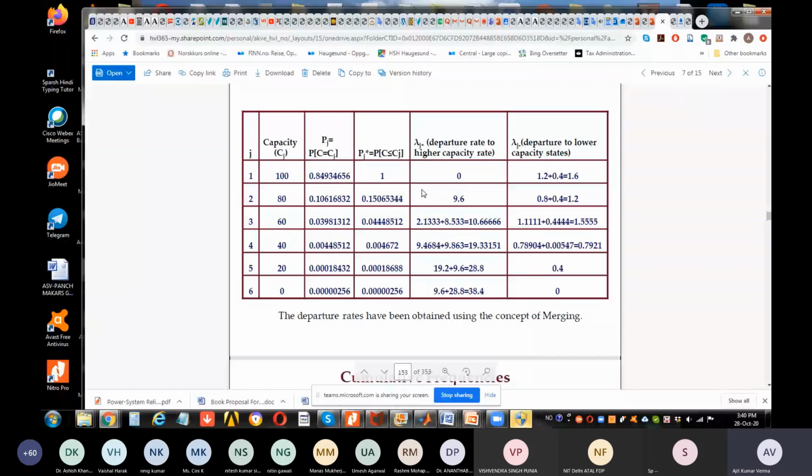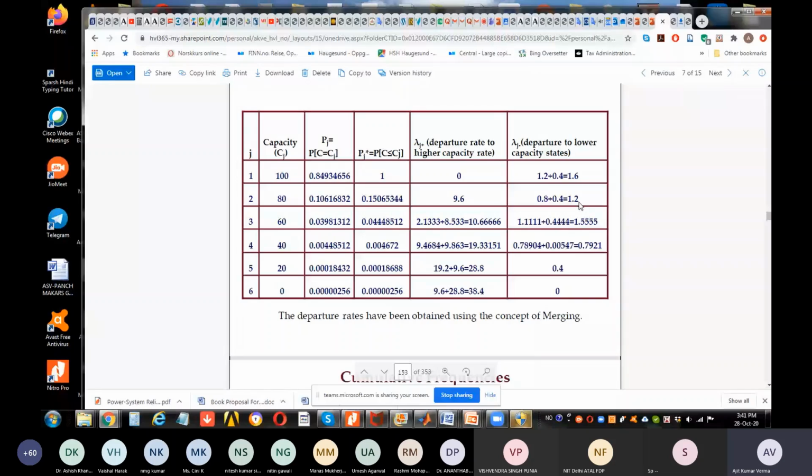So that's 9.6. And to a lower state, it could be 80 to 60 or it could be 80 to 40. Remember, 80 to 60 is 20 unit failure, or if the 40 megawatt fails, then you go to 40. So there are 2 departures to lower state possible, and therefore 80 to 60 and then 80 to 40. So for departure to lower capacity state, sum them up, you get this.